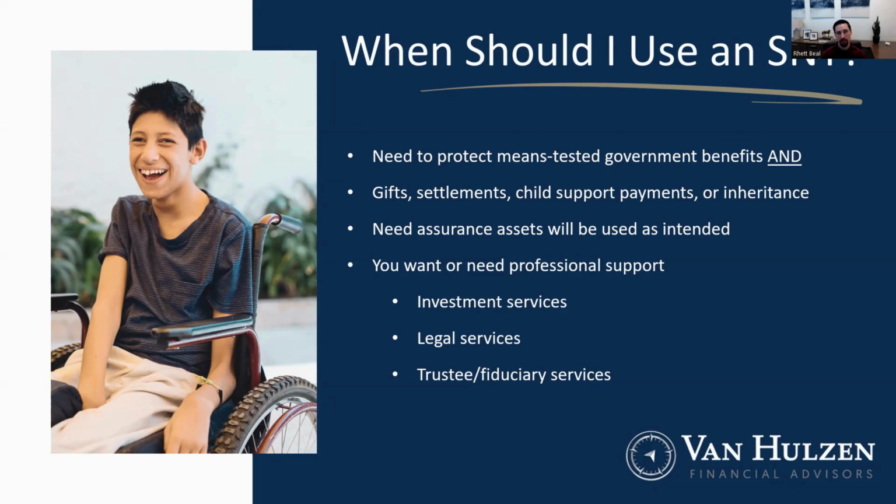It could be legal services to make sure that the money is being used as it's intended. Or let's just say the laws change and we can change the verbiage inside the trust. We can use an attorney to help change that language. As well as trustee fiduciary services, which are individuals who help with managing the daily or monthly expenses. And the fiduciary can work with investment advisors as well as attorneys.